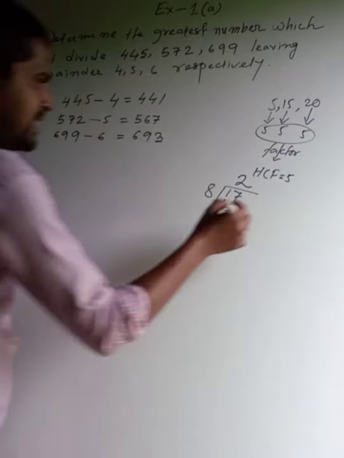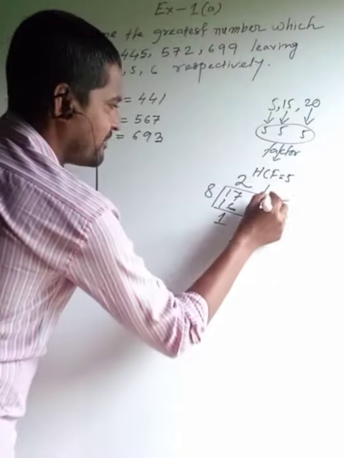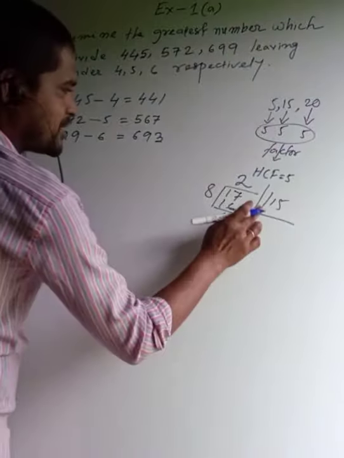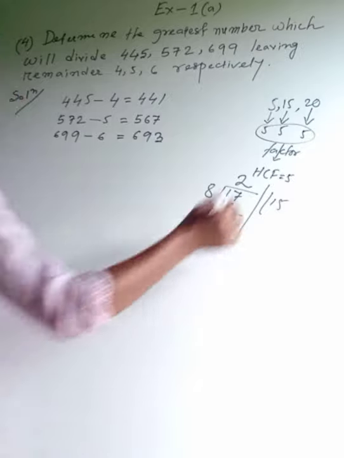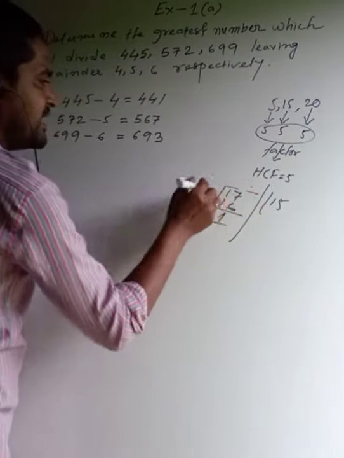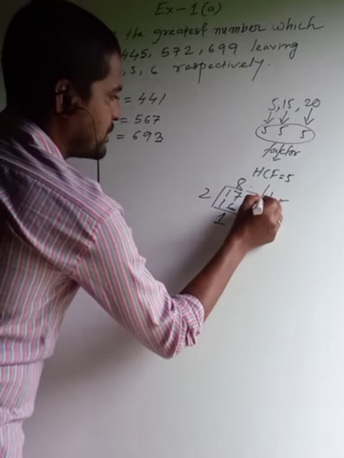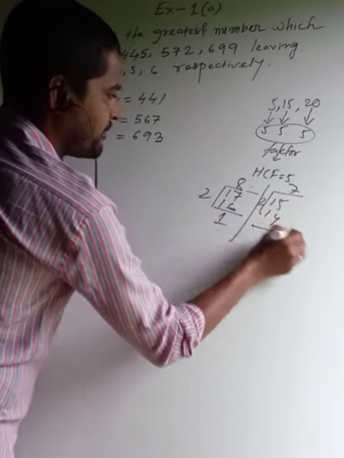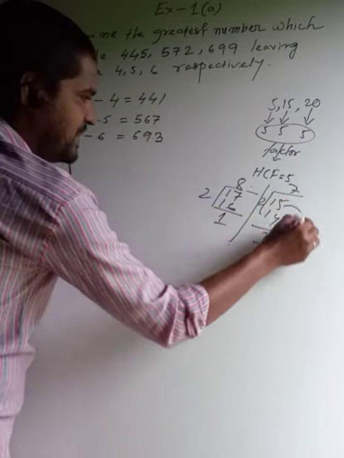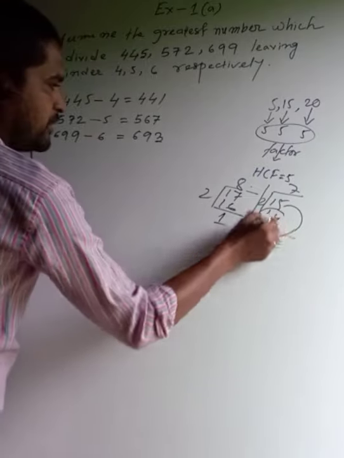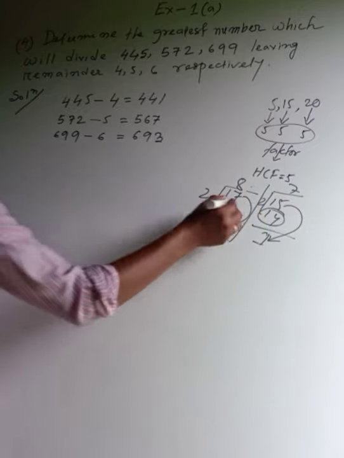Similarly, if you choose another number, suppose 15, and the remainder is 1, then 15 minus 1 is 14, and 17 minus 1 is 16.